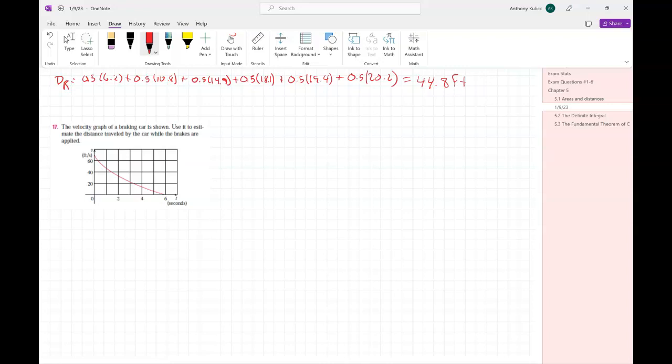Now remember when we did this, we looked at the left hand rule and the right hand rule, but really you can take any height. What might be better in this case, since we have one is an overestimate, one is an underestimate, if we used midpoints?